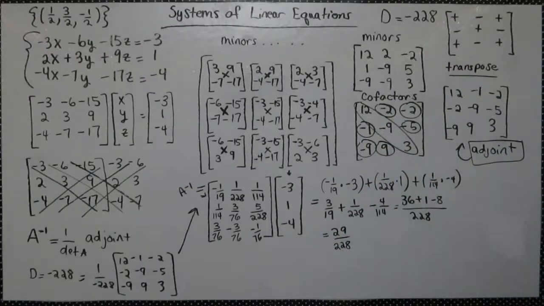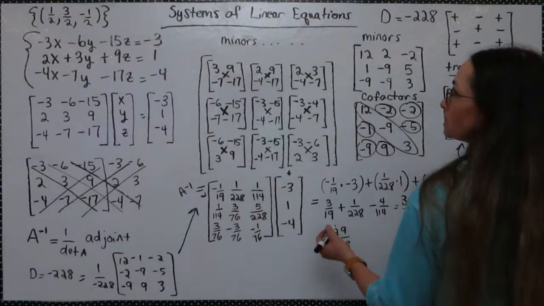And maybe I made a mistake. I don't know. Let's see. It doesn't reduce down. Is 29 prime? Yeah, this is not correct because we have our solution.